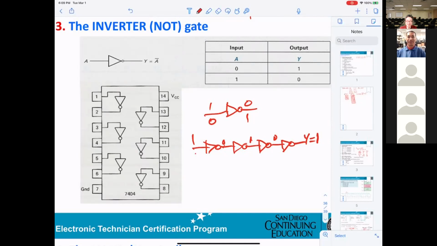However, they need it. I'm telling you how come. When you get a 1 here, for the output to be a 0, it takes about 10 nanoseconds. They call it propagation.